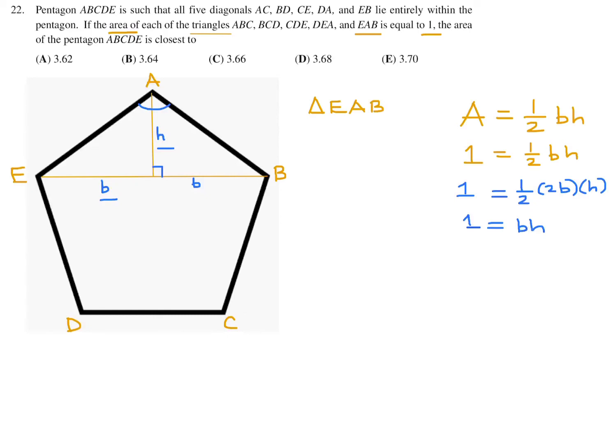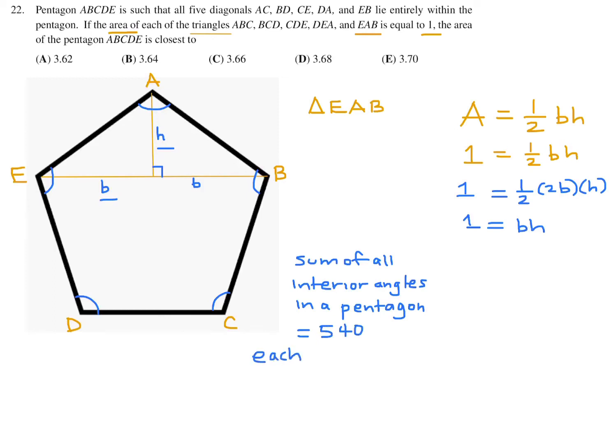Because the sum of all the interior angles in a pentagon add up to 540. And therefore, each of those interior angles would be 540 divided by, how many are there? There's 5. And therefore, each of those is 108. So this guy in here, this blue, is 108.